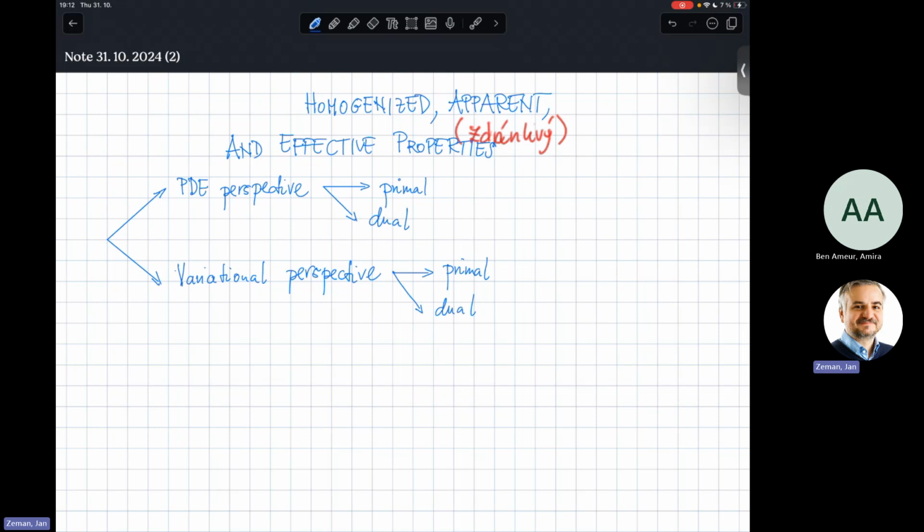And other terms which I used were related to this Helmholtz decomposition, which in the context of homogenization very nicely aligns with using these mean fields, these average fields and the fluctuating fields. So average or mean and fluctuation.